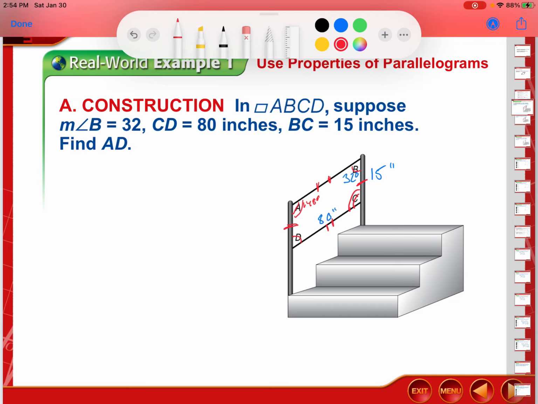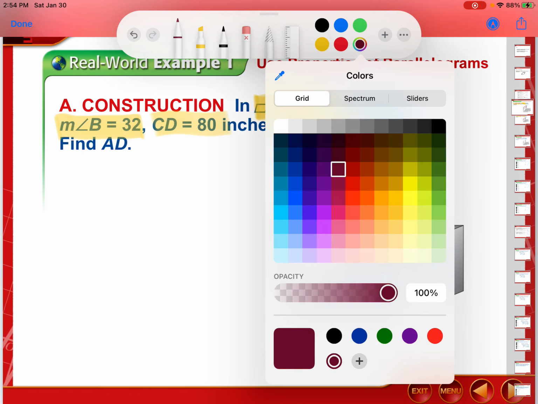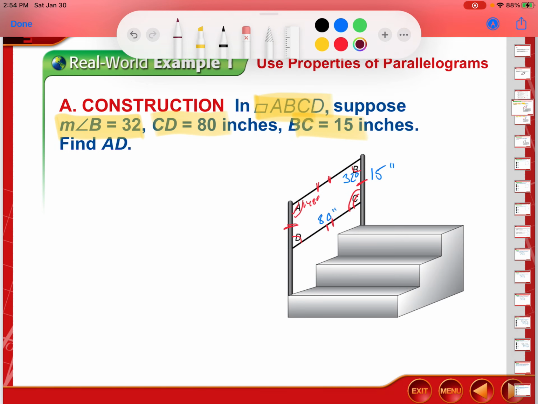So for this question, we just filled in all of the missing measurements by only knowing that this is a parallelogram, one angle, and two sides. I guess we should answer their posed question. Line AD equals 15 inches.